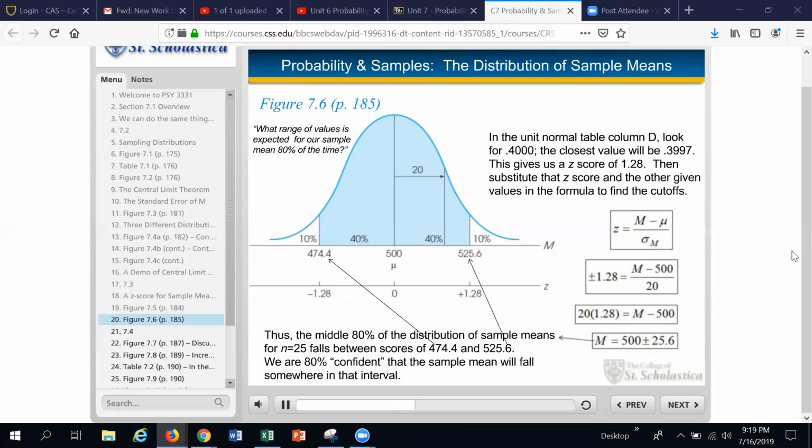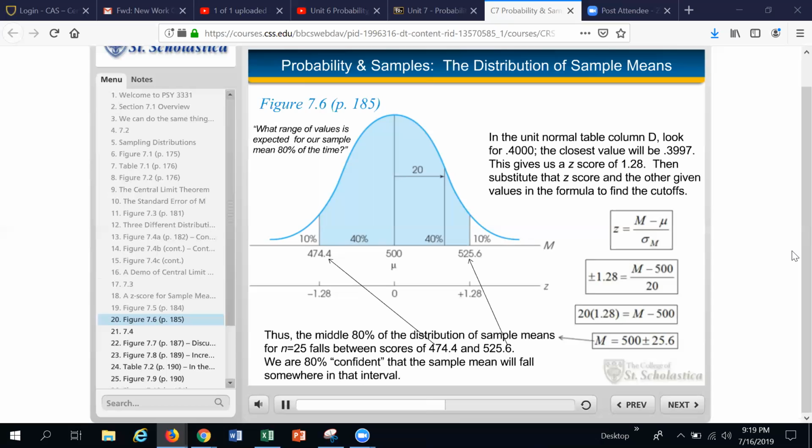Therefore, we are looking for 40%, or the proportion 0.4000 in the table, to find the z value for the cutoff point. The closest value to 0.4000 is 0.3997. Reading to the left in column A, we find that this is a z-score of 1.28.